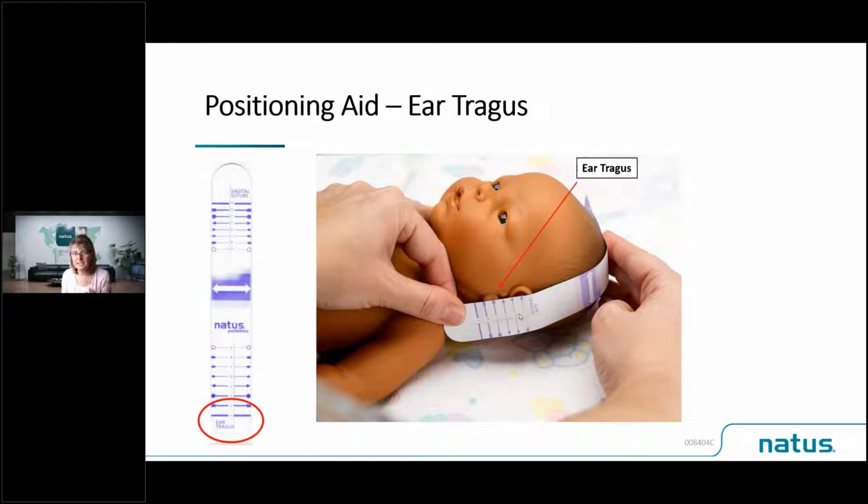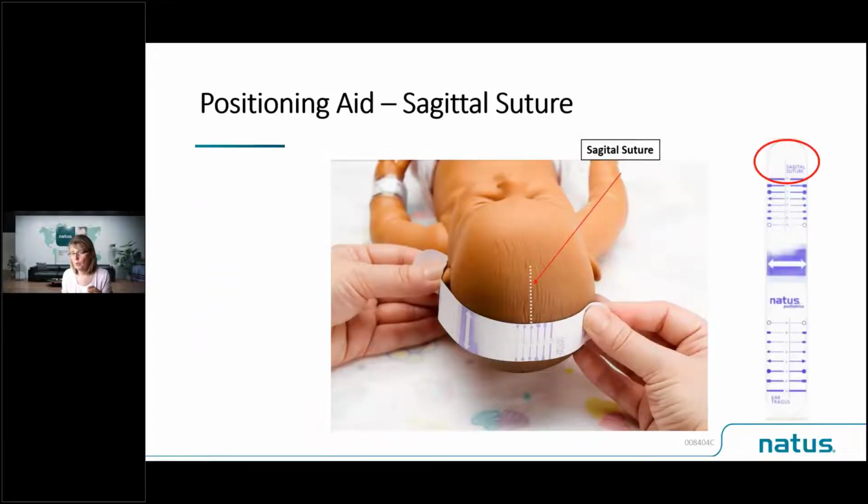So we're going to first line up by positioning the aid over the ear, parallel to the face, and the ear tragus should touch the anterior edge of the positioning aid. Okay, that's very important.